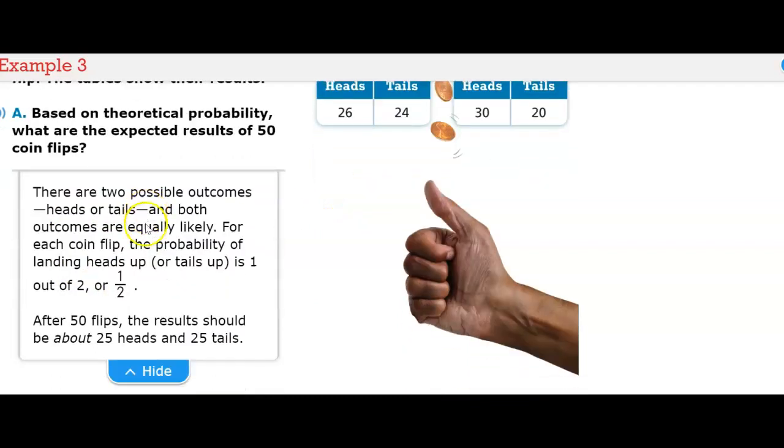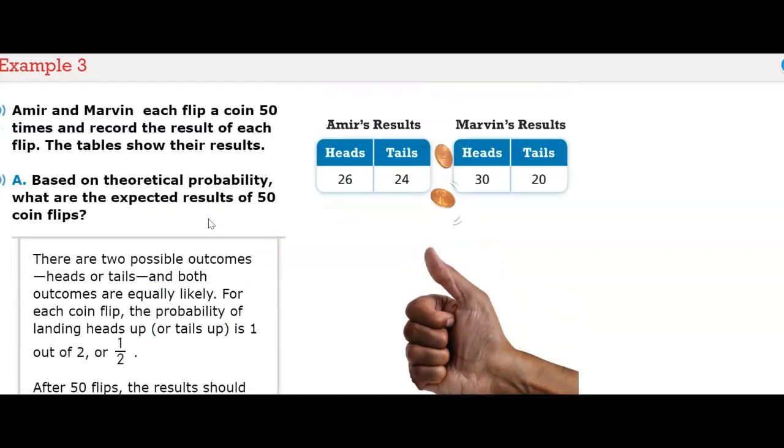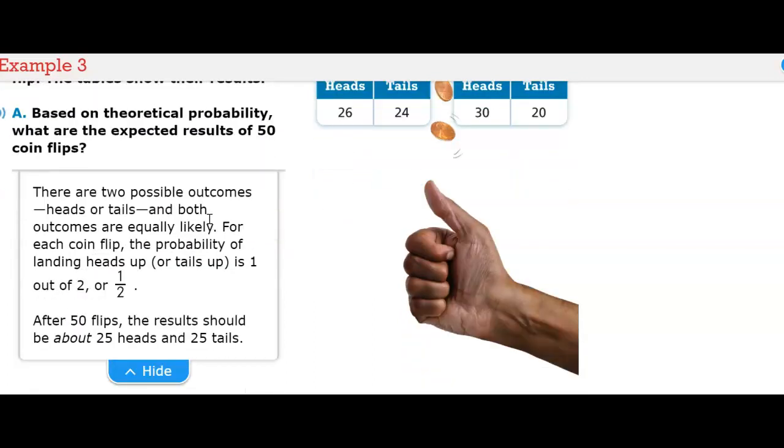Based on theoretical probability, there are 2 possible outcomes, heads or tails. So half the time you should be getting heads, half the time you can get tails. So the probability would be half, or 50%. So after 50 flips, the result should be about 25 heads and 25 tails.